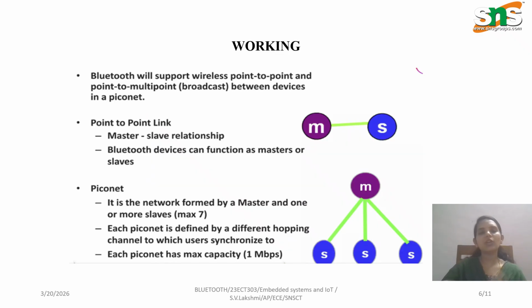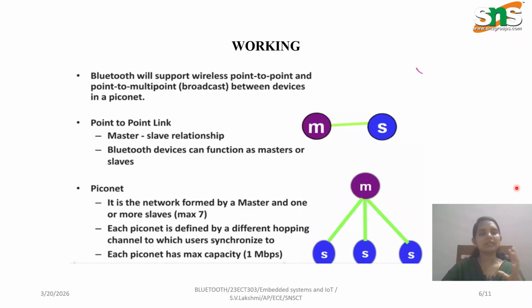The working of the Bluetooth protocol is mainly based on two concepts, that is Piconet and Scatternet. Piconet is the basic network of Bluetooth. Here you can have one master and up to 7 active slave devices, with a point-to-point communication link. The other one is Scatternet, where multiple Piconets are interconnected and devices can act both as master and slave.